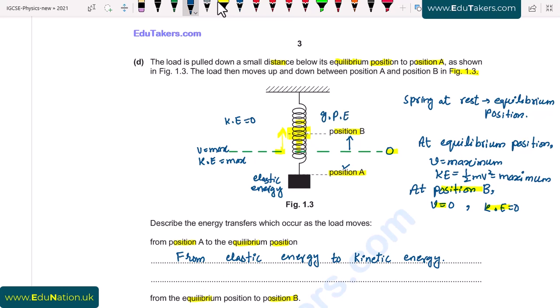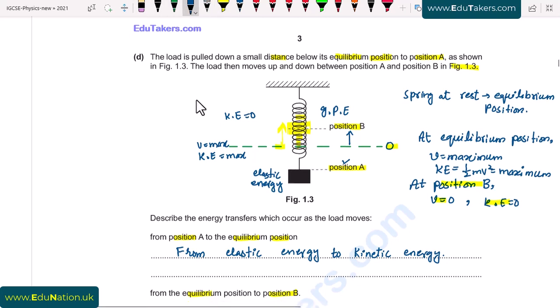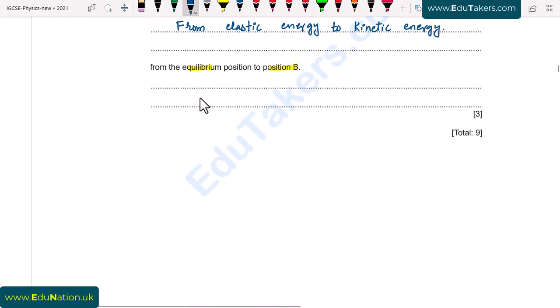So when the load moves from position O to B, the conversion will be from kinetic energy to gravitational potential energy. I write here kinetic energy to gravitational potential energy.